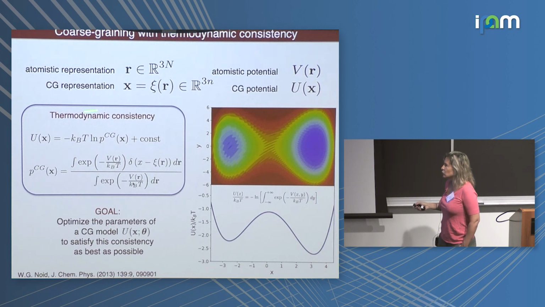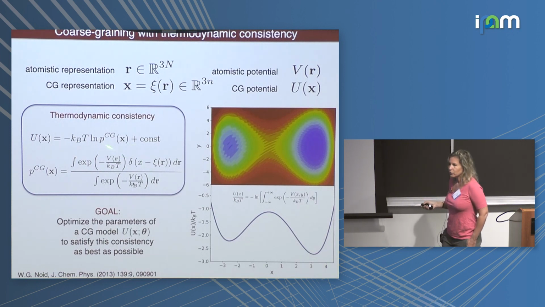The problem is that this is the formal definition, but it is impossible to calculate in practice, because through this integral, even if the atomistic potential contained only pairwise interactions, you get a lot of multi-body interactions. What kind of multi-body interactions, we don't know, because we cannot do this integral exactly. So this is a question we would like to address.